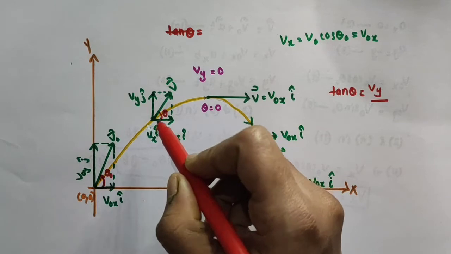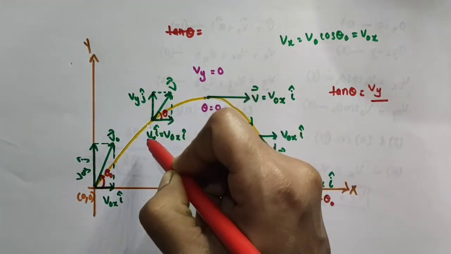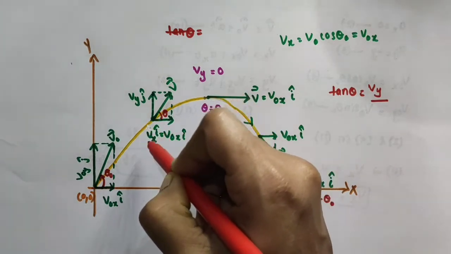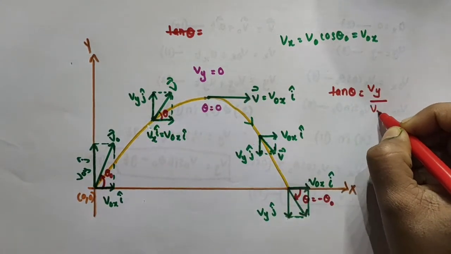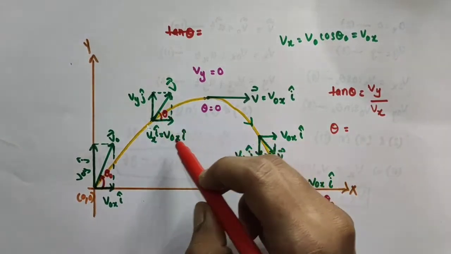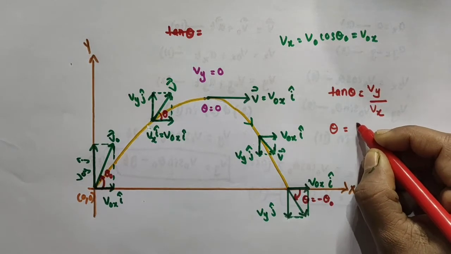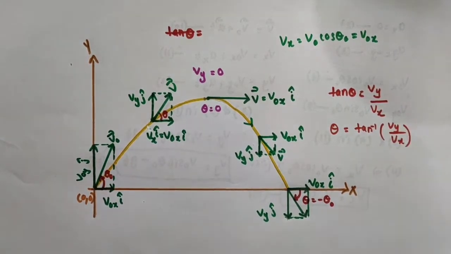I'm sorry: tan theta is equal to opposite side divided by adjacent side. The adjacent side's magnitude is the x component of velocity, that is Vx. So we can write tan theta is equal to Vy by Vx. So theta, the angle made by that velocity vector with the x-axis, is equal to tan inverse of Vy divided by Vx.